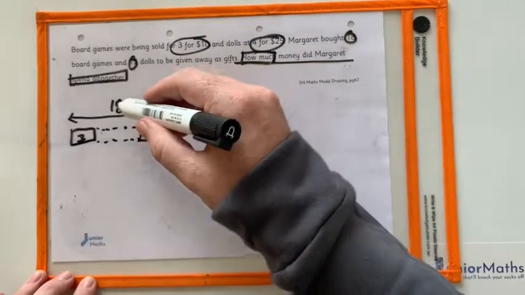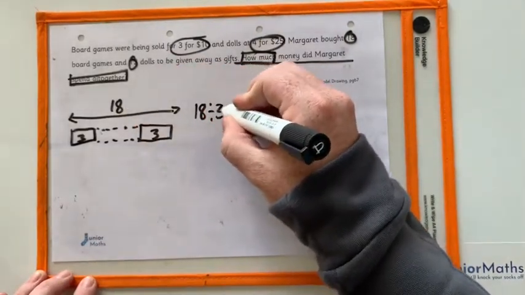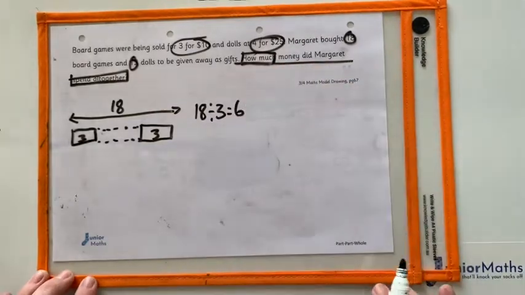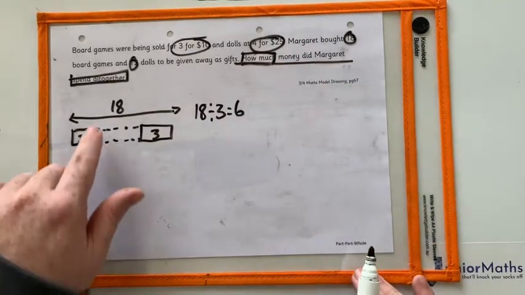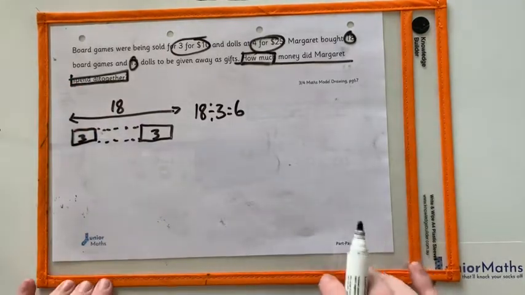So 18 divided by 3 equals 6. So Margaret would need to have bought 6 lots of the board games to be able to purchase 18 altogether.